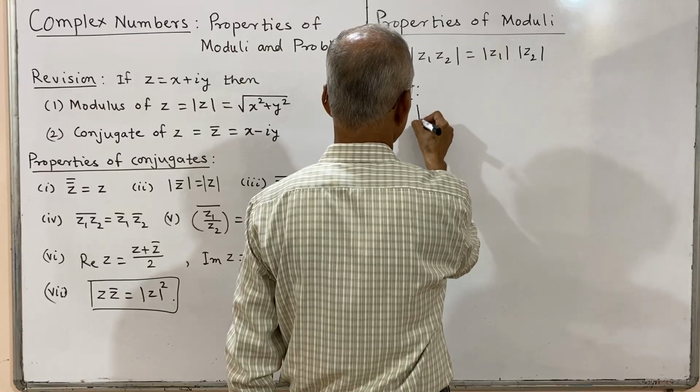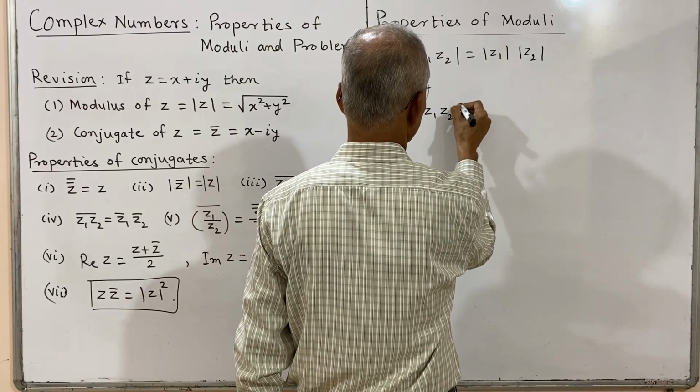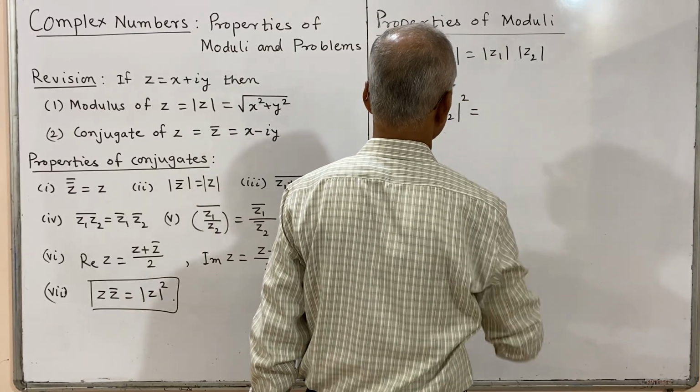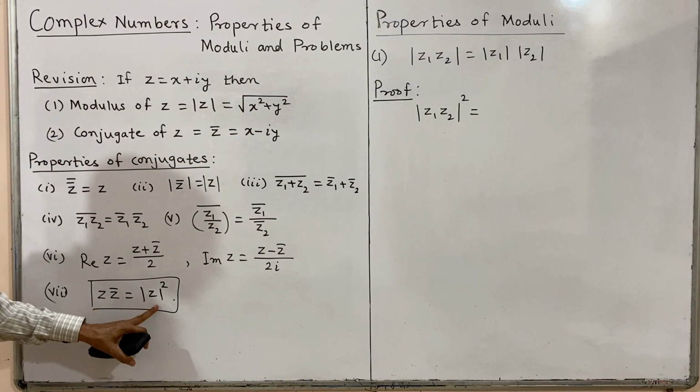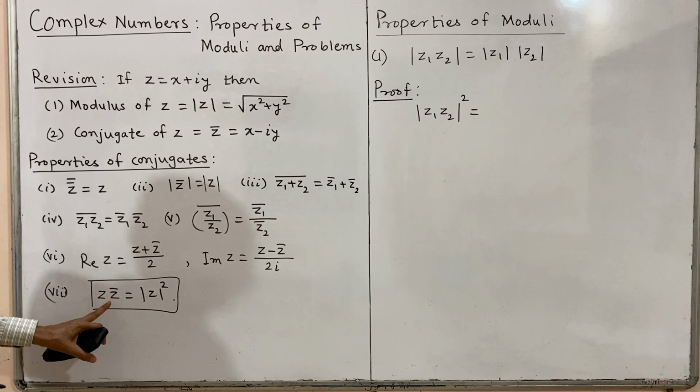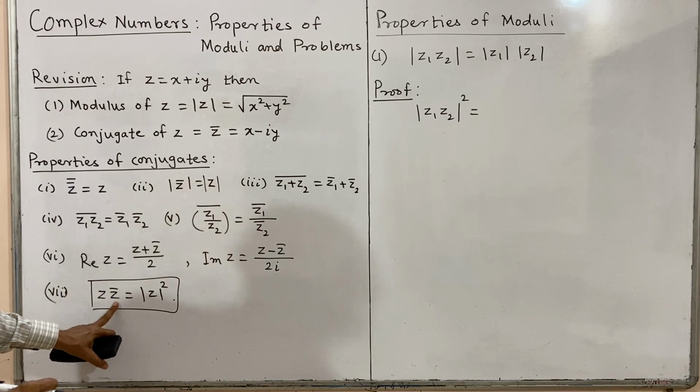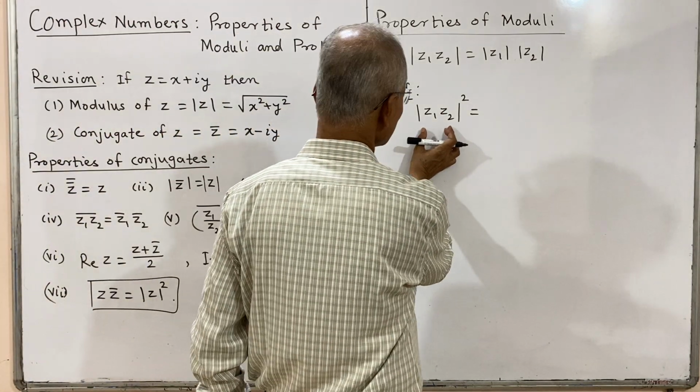We have mod of z1 z2 whole square. This is equal to, on the left side we have z into conjugate of z, so instead of z, it is z1 z2.